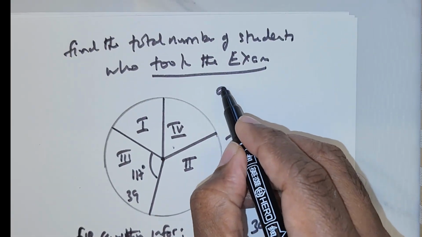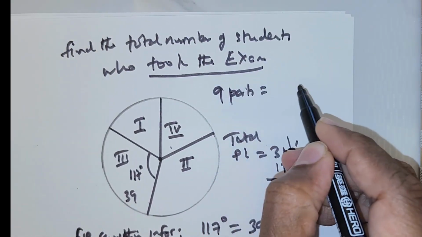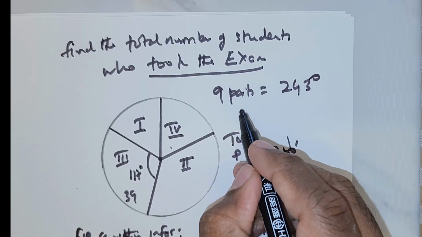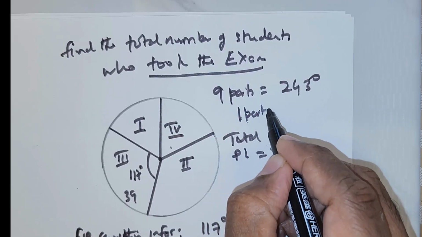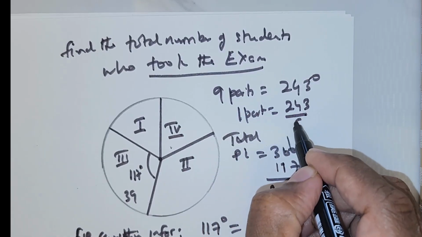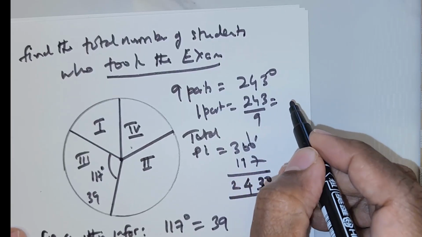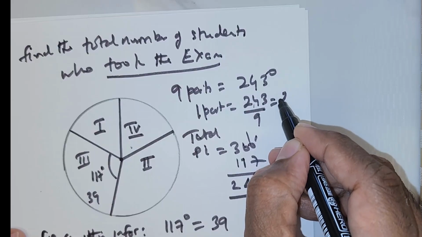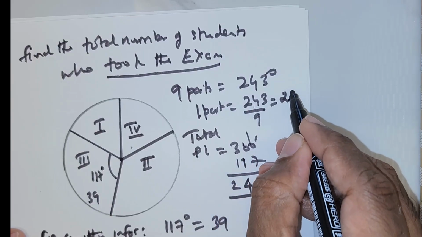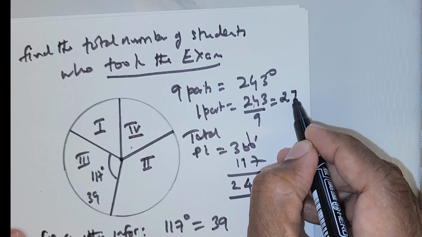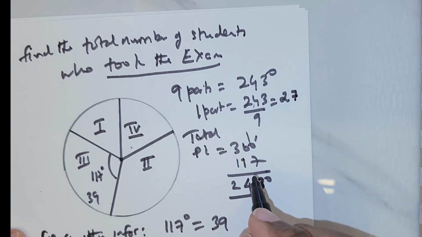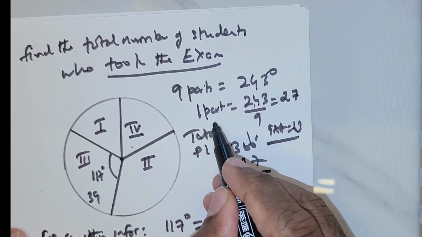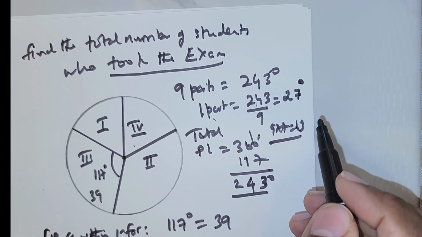Okay, so 9 parts is equal to 243 degrees. So 1 part is 243 divided by 9. 9 7s are 63, right? So that's why 7 is here. So 1 part is 27 degrees.